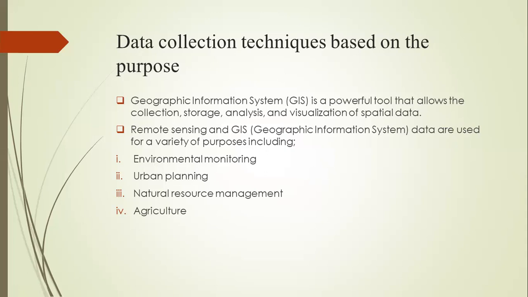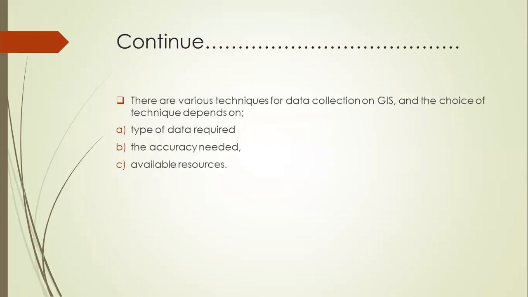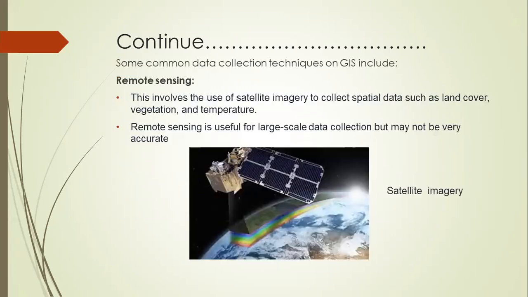Okay, Lillian can help. The accuracy needed. Accuracy needed, that is true. So these are the three aspects that you look at: the type of data required, accuracy needed, and the available resources. True.